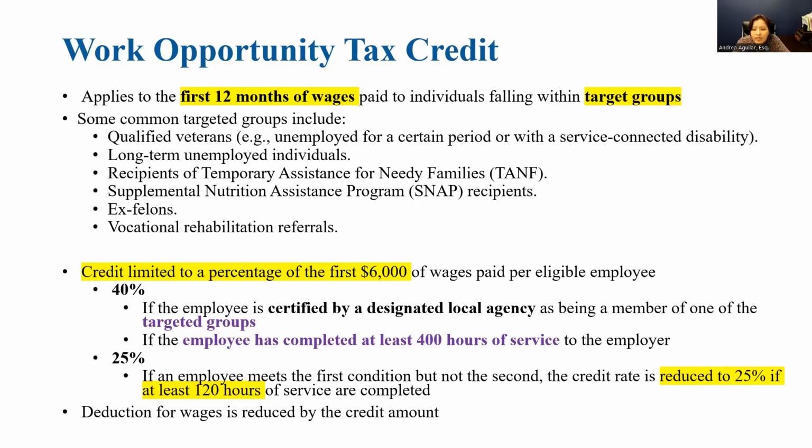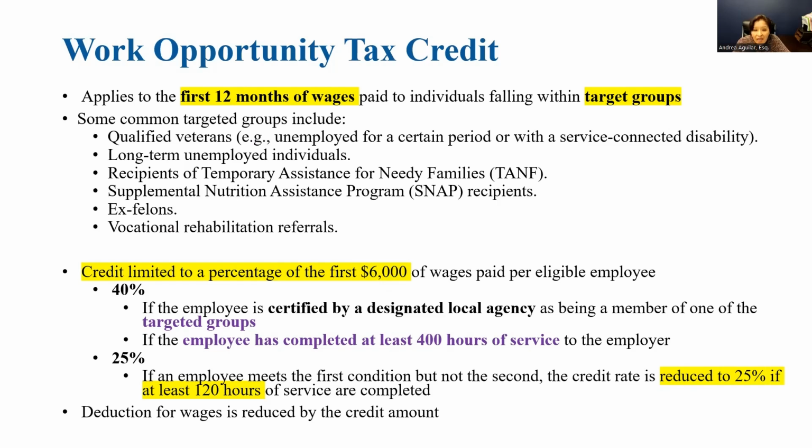Now, what would be the amount of your deduction? Because you know that any compensation that you're giving to an employee gives you a deduction, right? Here, what we're trying to emphasize is that the deduction for wages will be reduced by this credit amount. So whenever I'm calculating my general above the line deduction, I will subtract $2,400 from my $10,000.